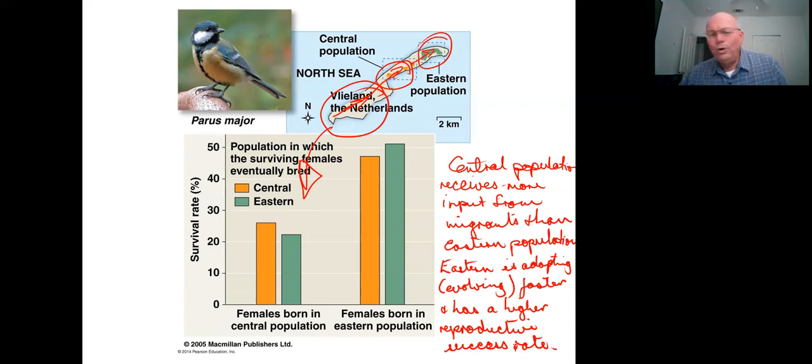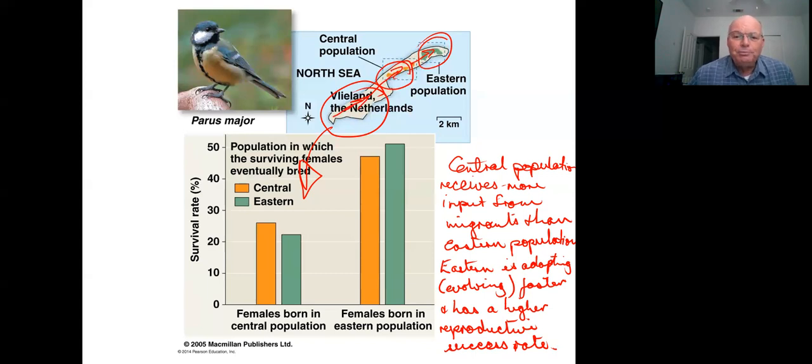So this is the reason why gene flow can be a double-edged sword. In this case, gene flow into the central population is actually preventing it from adapting as quickly as the eastern population, which sees less input, because the migrants from the mainland tend to stop in the central population rather than moving on into the eastern population.